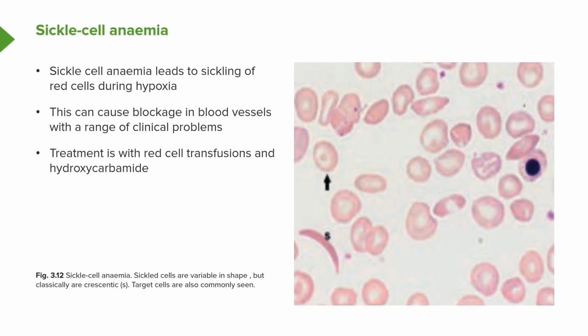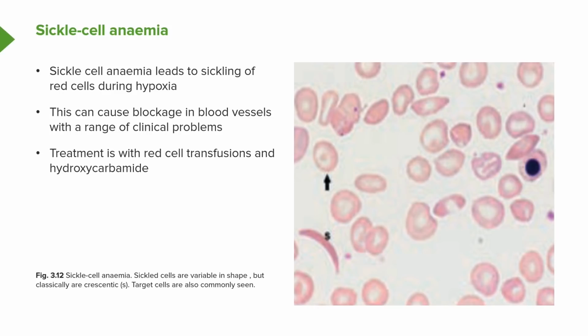Sickle cell anemia is a very severe disease. In that slide, you'll see at the bottom left a classic sickle cell, similar to the scythes that are used for cutting corn. Now, sickle cell anemia leads to sickling of red cells during periods of hypoxia. When the blood is deep within capillaries and becomes hypoxic, the hemoglobin stacks up and leads to sickling of the cells.